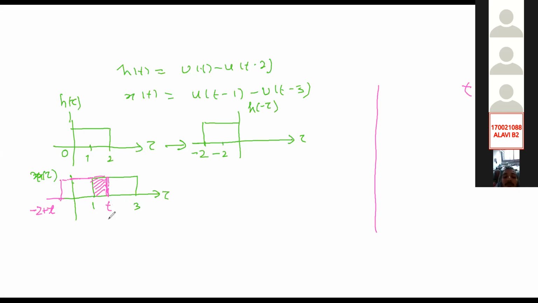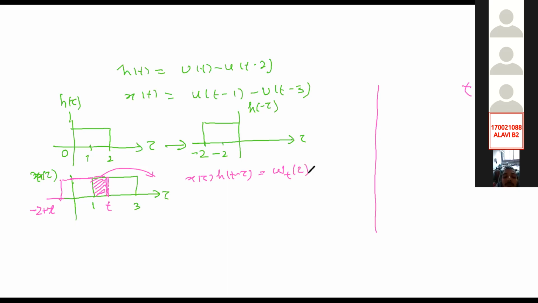So this portion is nothing. This portion is the product of x(tau) and h(t − tau). You can call it, from your notation, w(t, tau), isn't it?